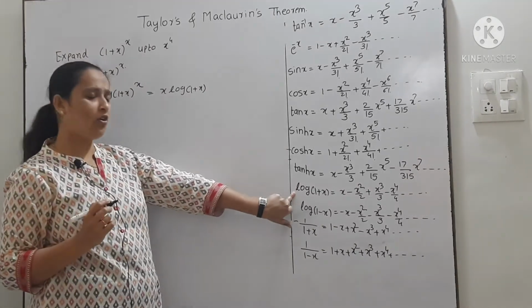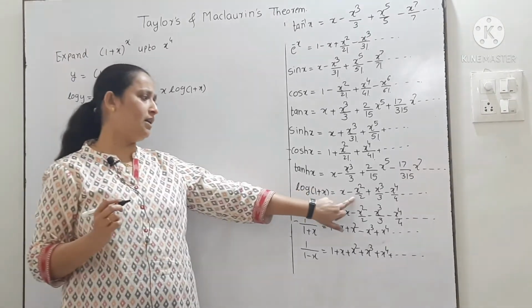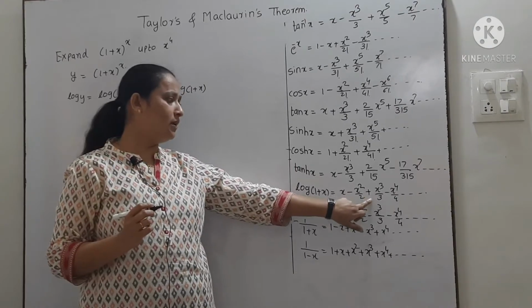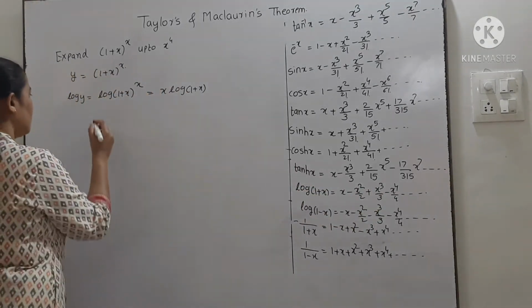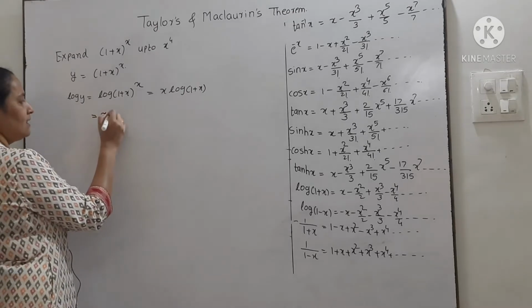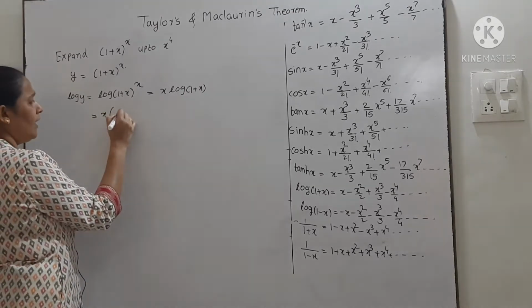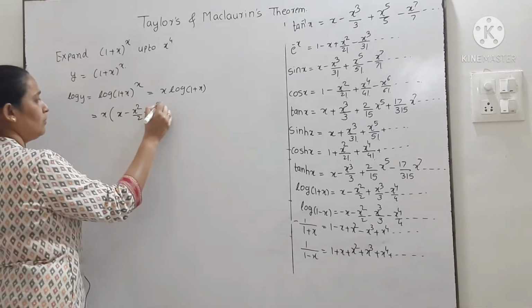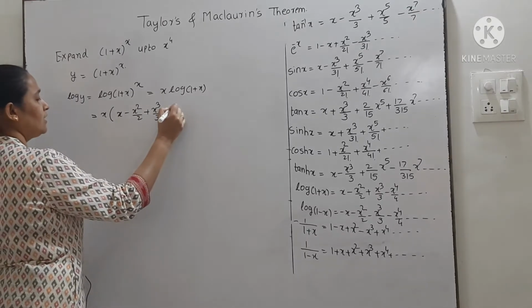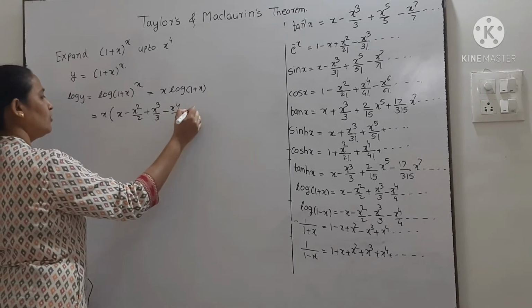What is expansion of log of 1 plus x? It is x minus x square upon 2 plus x cube upon 3 minus x raised to 4 upon 4. If I use this substitution, you will get x in bracket x minus x square upon 2 plus x cube upon 3 minus x raised to 4 upon 4 and so on.